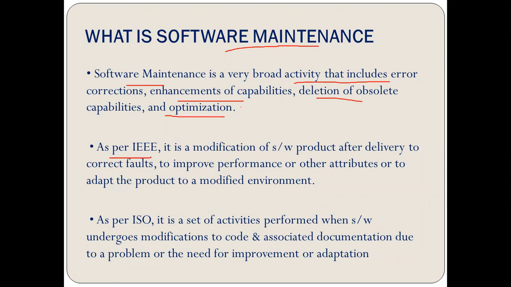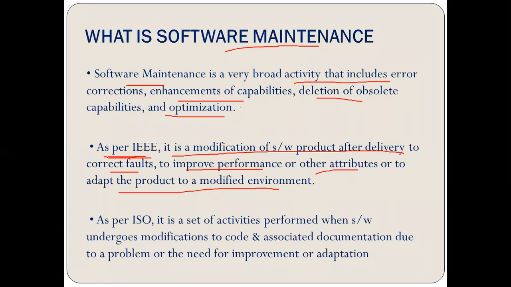Now, as per IEEE, it is a modification of a software product after delivery to correct faults, to improve performance or other attributes, or to adapt the product to a modified environment. Now you can see these all are stating the same thing, but it's just a way of presenting the definition in different forms.